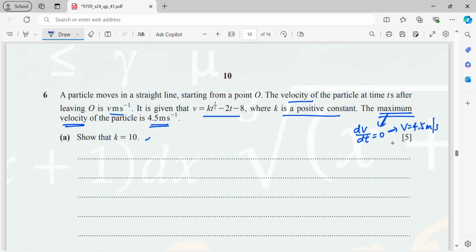So use this concept. Our v is k t to the half minus 2t minus 8. Now differentiate v with respect to time. Keep the k. When you differentiate, our formula is differentiate x to the n, that is n x to the n minus 1.